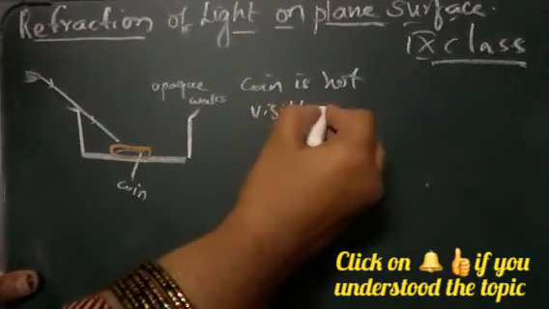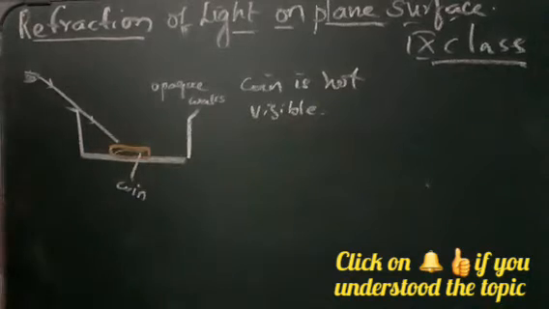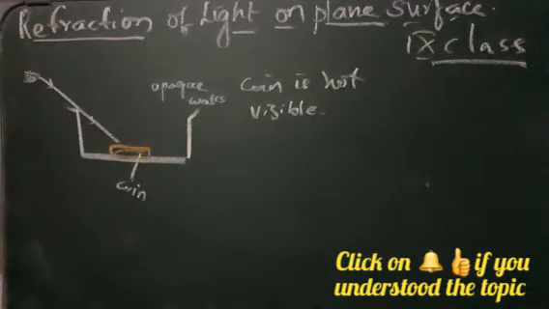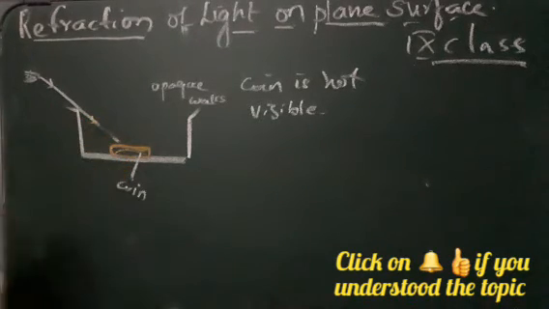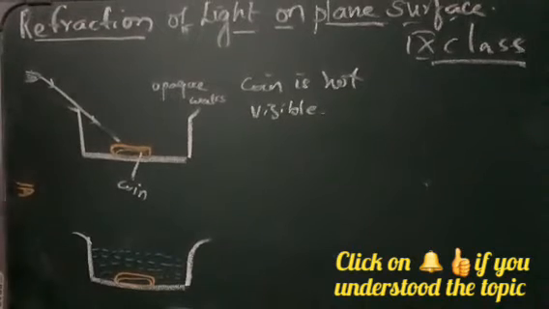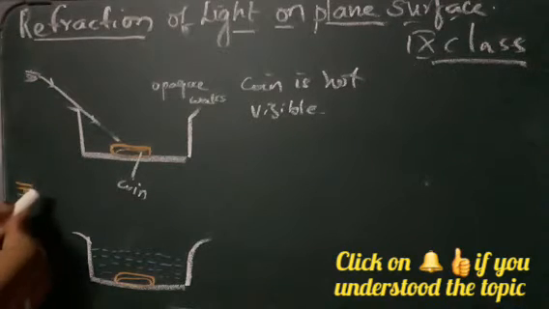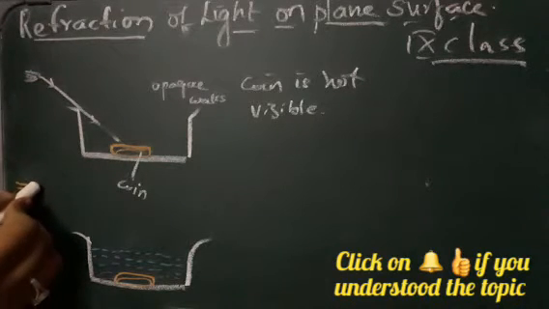Then you are asking your friend to fill this container with water. So your friend is now filling this container with water. Now when the opaque container is filled with water, what is happening when the rays are falling here, when you are seeing from here?